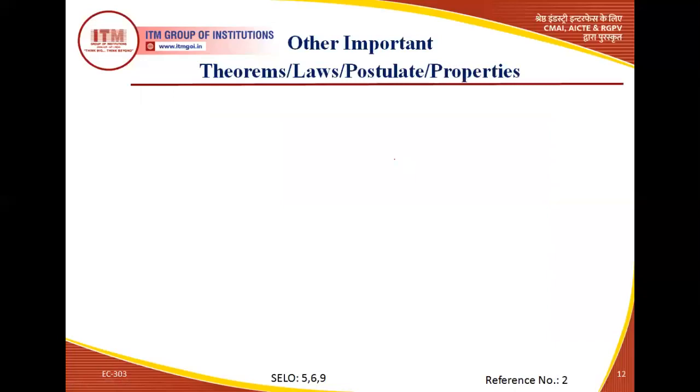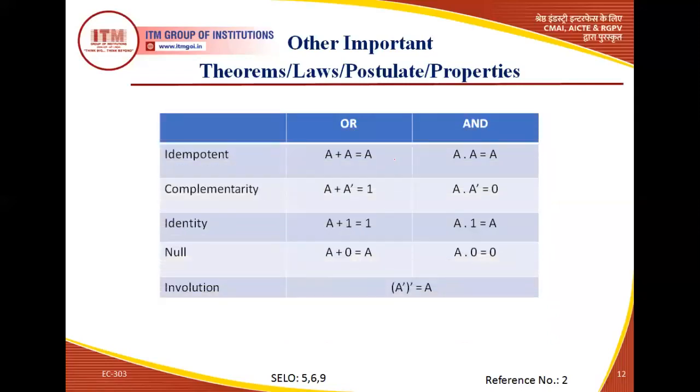Now we discuss some other important theorems, properties, postulates and laws which are used in Boolean algebra. We can categorize them by using the OR operation and the AND operation. The main properties are, first, idempotent. In the idempotent property, we see what the result is if we perform the OR operation and AND operation with the same variable. If we perform the OR operation between two same variables, it will give the same variable as output.